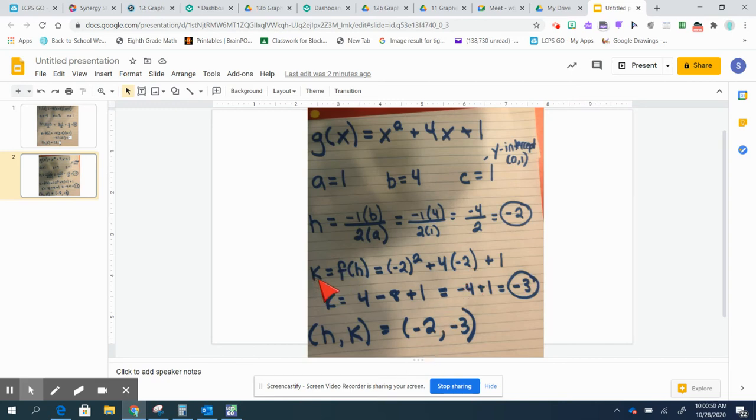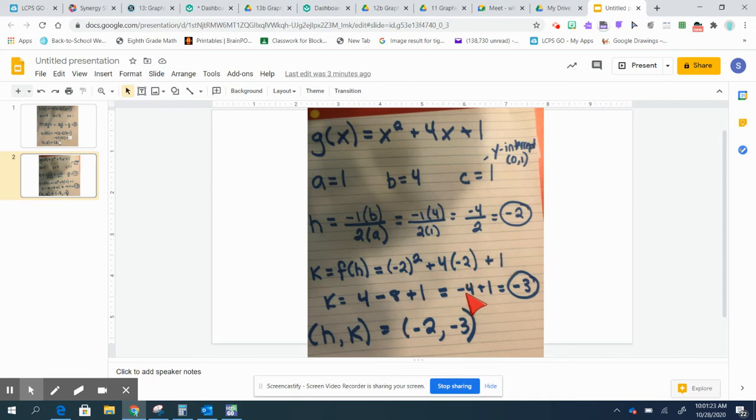To find our K, just like in the last unit, you're going to take your H and substitute it into your original equation. So everywhere there's an X, I'm going to now put a -2. So I'm going to have -2 squared, remember it's in parentheses, plus 4 times -2 plus 1. -2 squared is +4. -2 times -2 is +4. 4 times -2 is -8, and then 1 is 1.